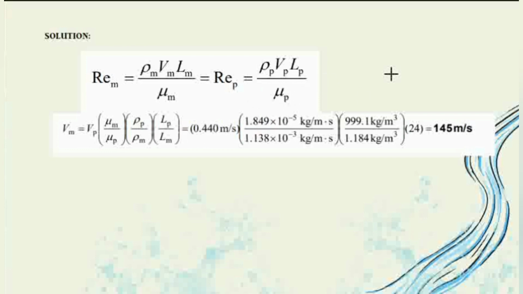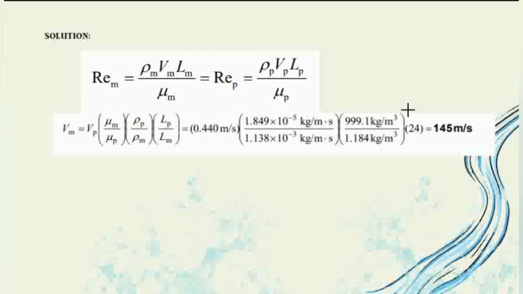This is our equation 1. We solve equation 1 for the unknown wind tunnel speed. So we have the formula Vm is equal to Vp times mu m over mu p, multiplied by density p over density m, multiplied by the length p over the length m.